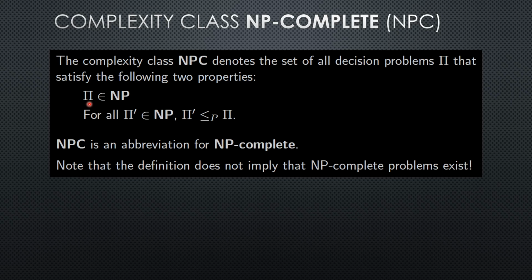It may be the case that there is no problem pi such that every problem in NP can be reduced in polytime to pi. There might just be enough differences between problems in NP that there's no single universal problem that you can reduce every other NP problem to in polytime.